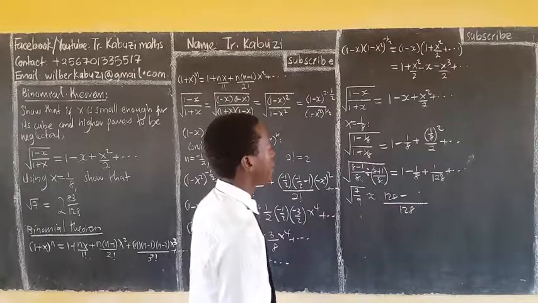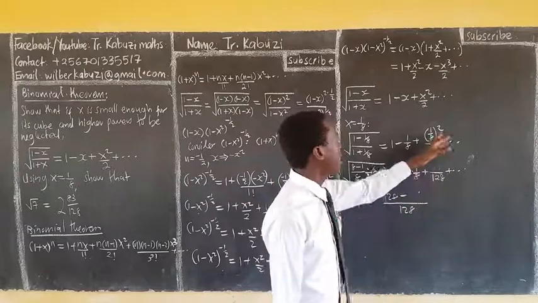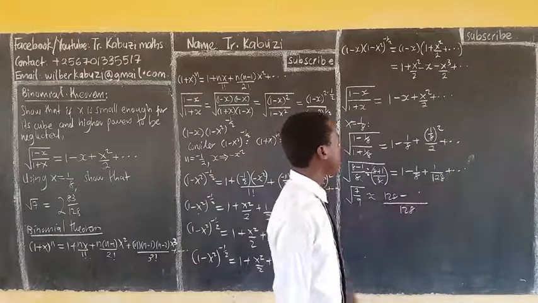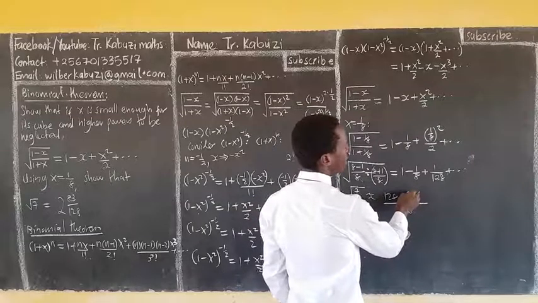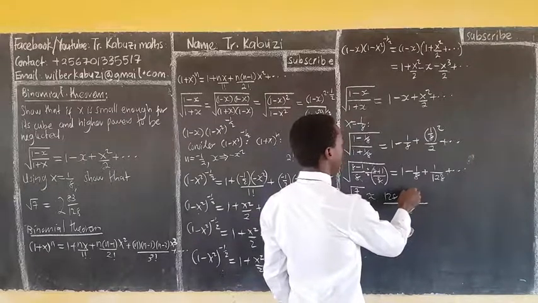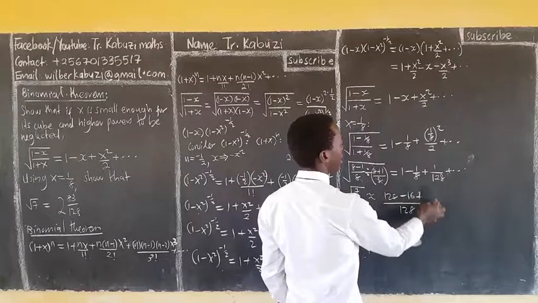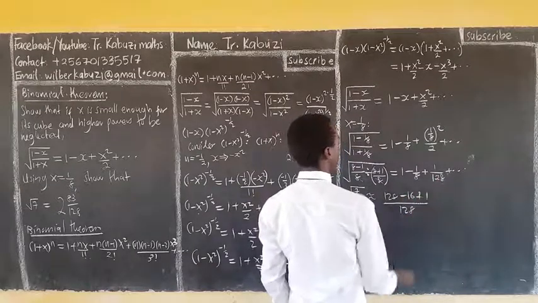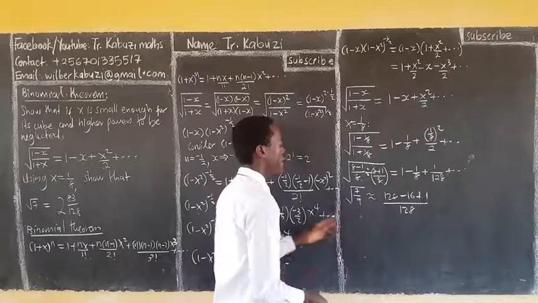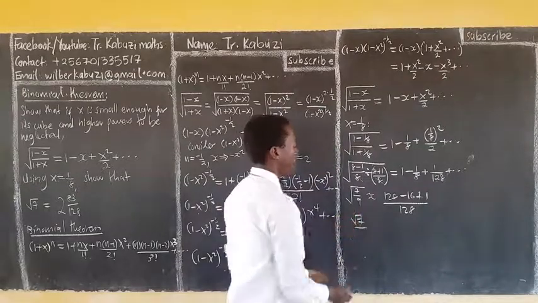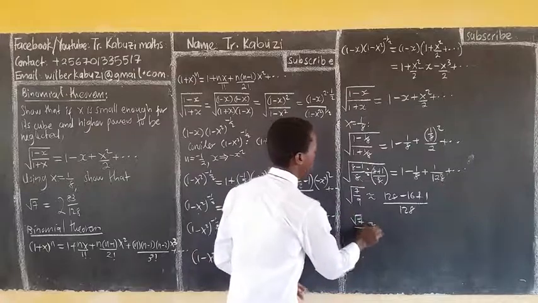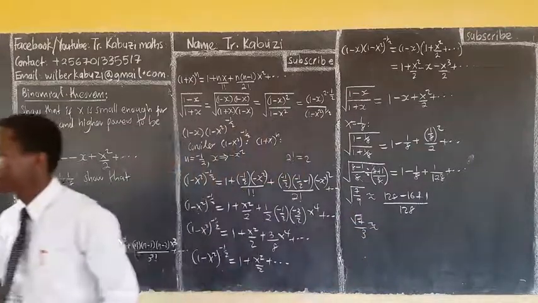I think 16 times. Yeah, 16 times. Then plus this one goes here, I think 1. Then we just simplify, this will be root 7, square root of 9, 3 approximately.